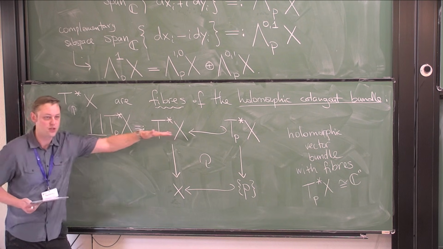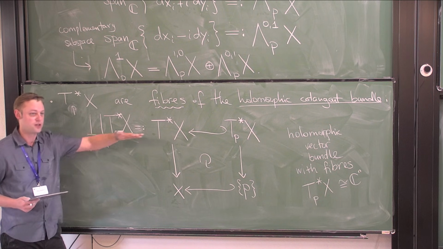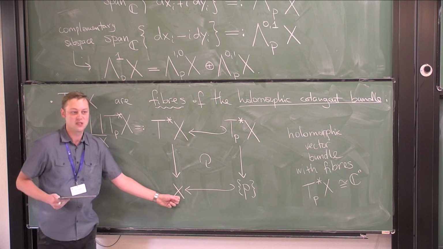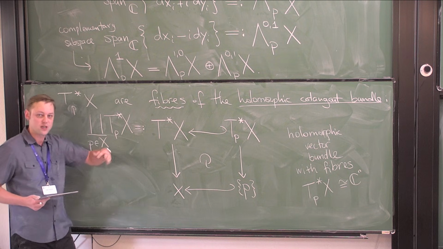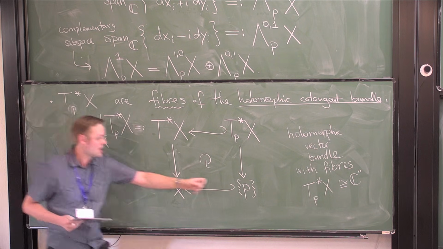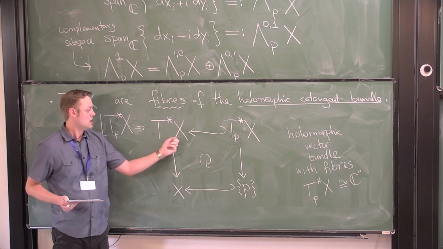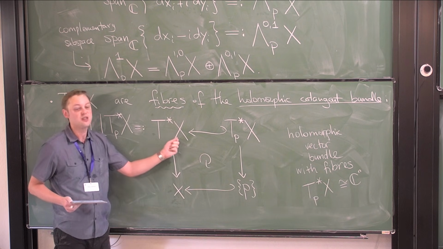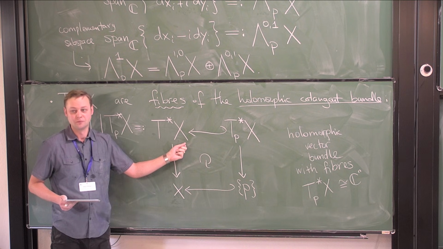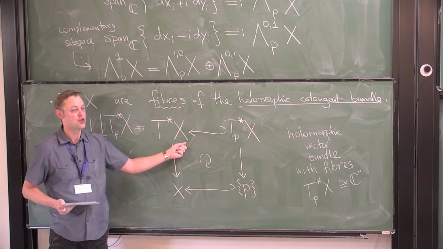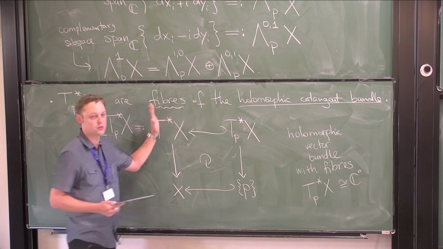So there's a horizontal direction, which has the same dimension as X. And then for each point in X, I have a fiber, which is an n-dimensional vector space. So if you like, this space almost quite literally is C^n times C^n, so it's of dimension 2n. And this is always the case with cotangent bundles.